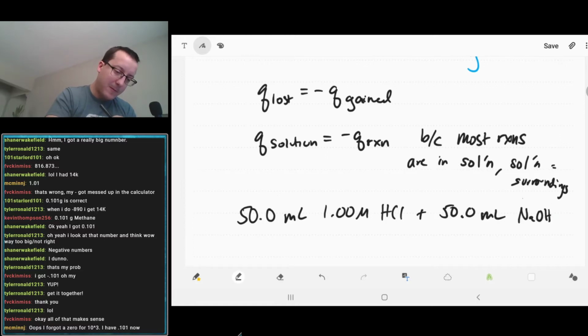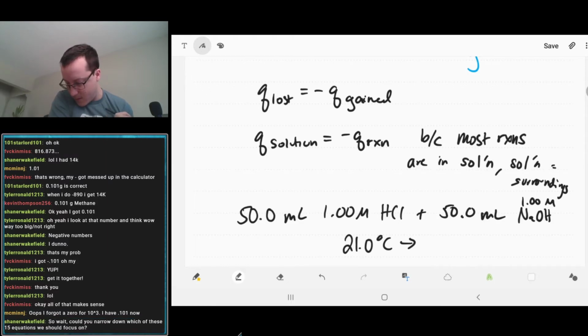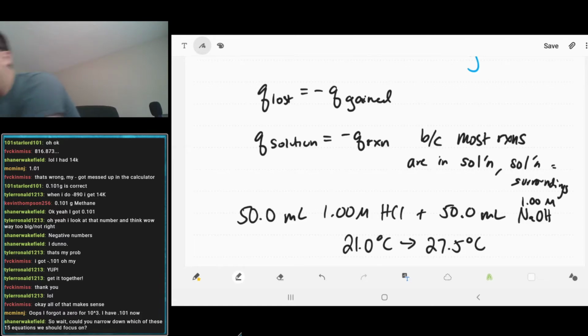So we're going to combine our solution chemistry now. Okay, so we also have some temperatures. 227.5 degrees Celsius. And let's see. Anything else on this? Yeah, okay, cool.